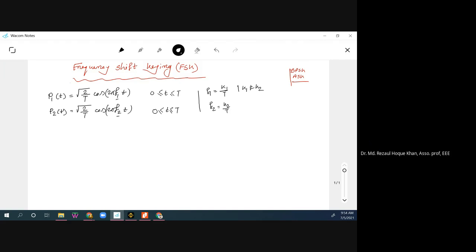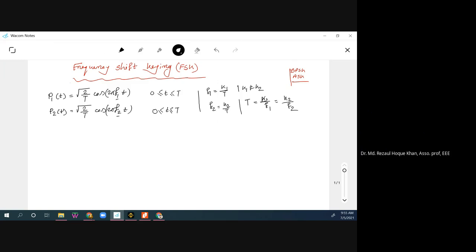Like previously in BPSK and ASK, K1 and K2 are both integers. So we can also find that K1 by F1 equals K2 by F2, that we also find from here, right?